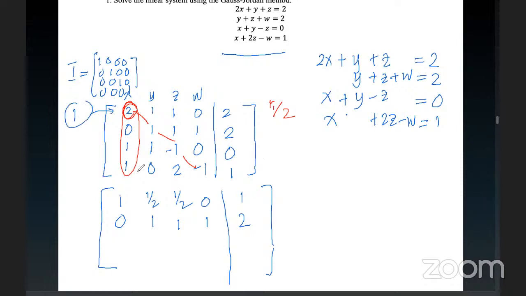So to change the entire row 3, yan, so may formula tayo dito. We are going to utilize this. Tandaan na 1 na itong value dito. So yung row 3, we subtract that by our row 1. Kung saan yung value is 1.